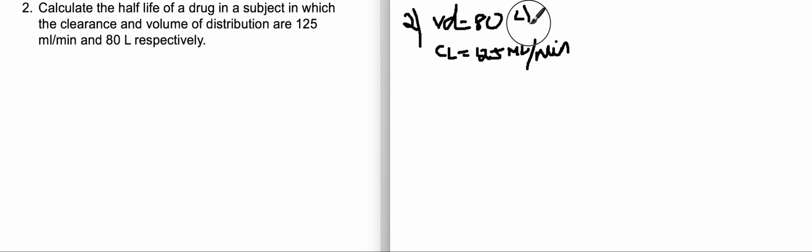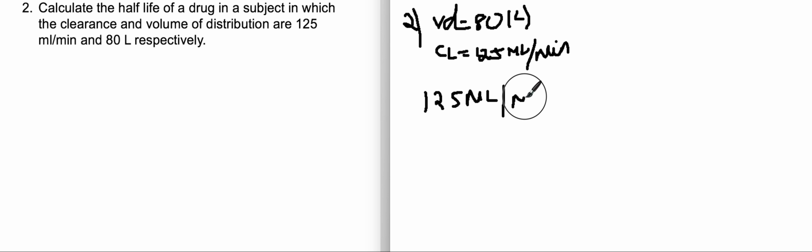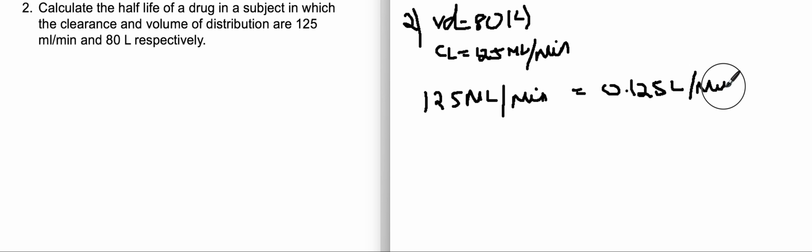Now the first thing that you want to look out for is the units. Here is in liters and here is in milliliters. So you need to either convert this one into milliliters, or convert this one into liters. Now if there's 125 milliliters per minute, this is the same as saying there is 0.125 liters per minute.